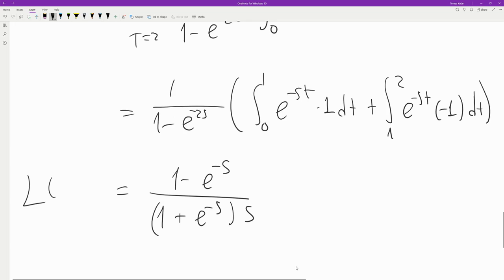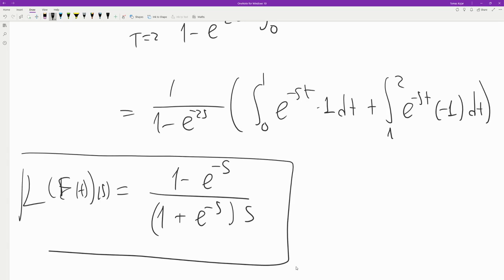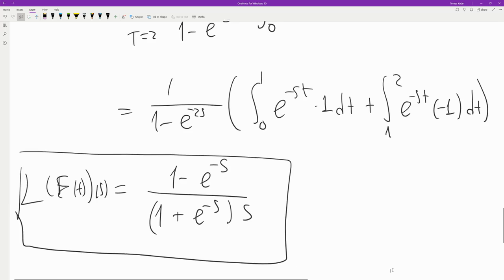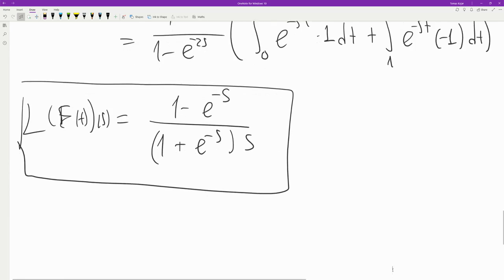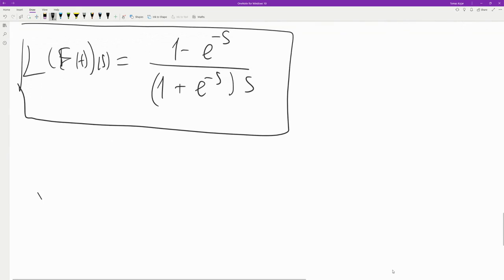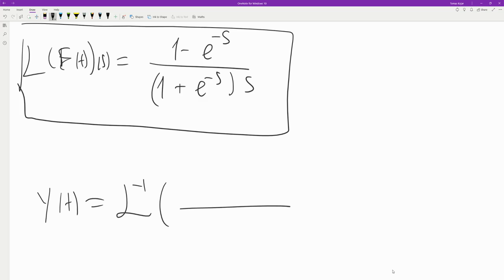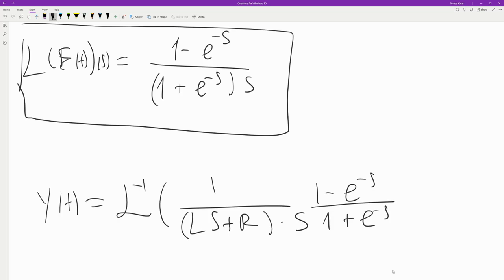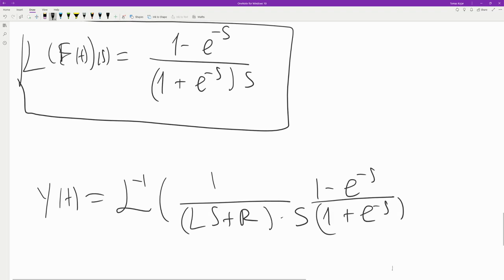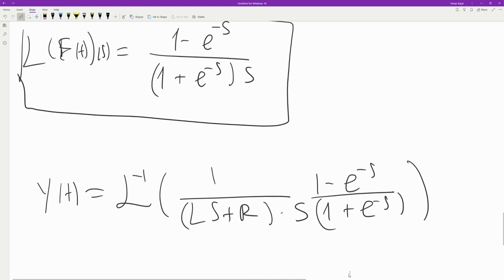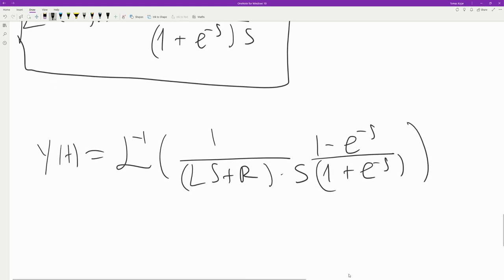So that's the Laplace transform of the periodic signal. Right, so back to our problem. Let me write it all together. So 1 over Ls plus R times that, divided by 1 plus e to the minus s.